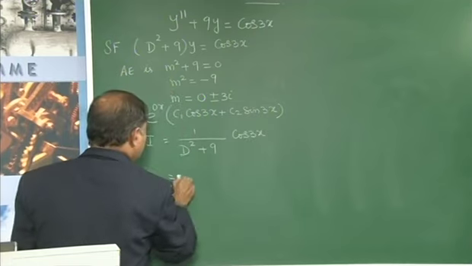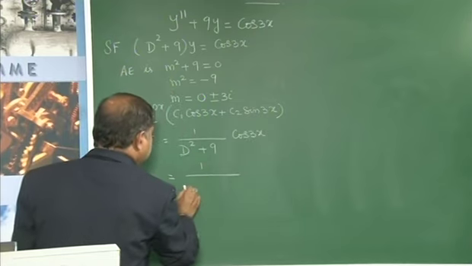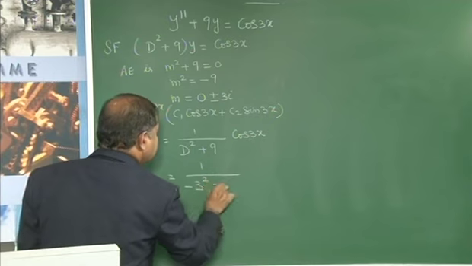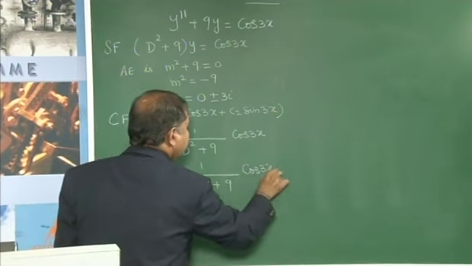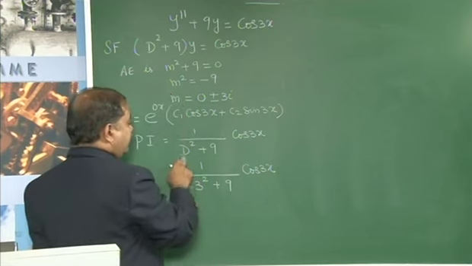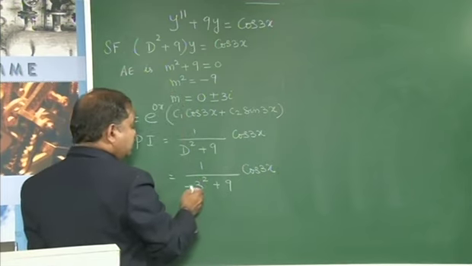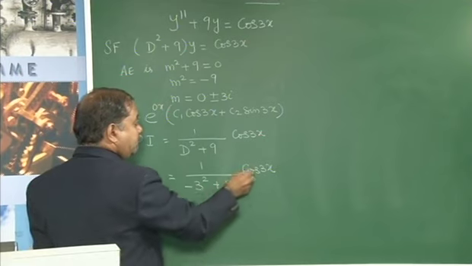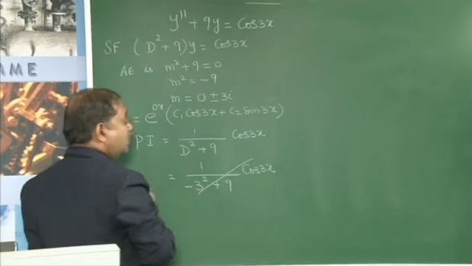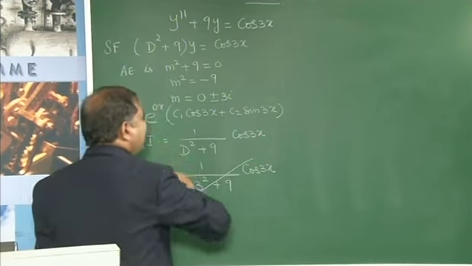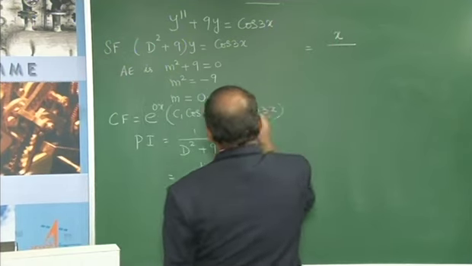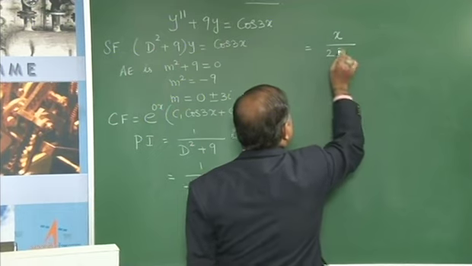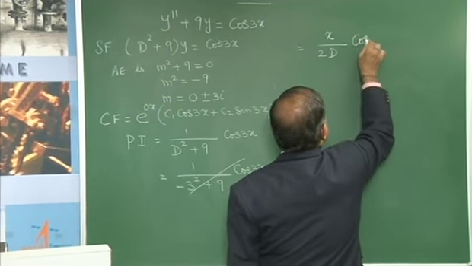See this, what we said, replace D squared by minus b squared. So it is becoming 0 in the denominator, minus 9 plus 9. Same way, don't consider it. Multiply by x in the numerator, differentiate the denominator, 2D cos 3x.